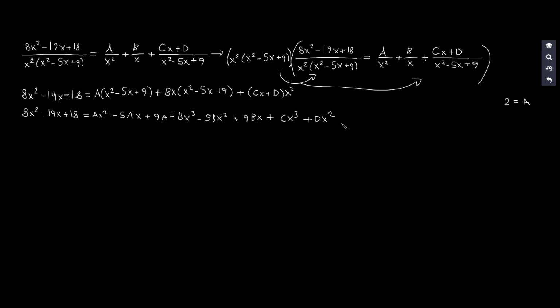But now we want to start grouping them together while paying attention to the different powers of x. So we could put it in descending form. We have a few different terms that are raised to the third power, namely b times x raised to the third and c times x raised to the third. So if we do b plus c, make it parenthetical, and then just stick x raised to the third on the outside, I think that should be good.